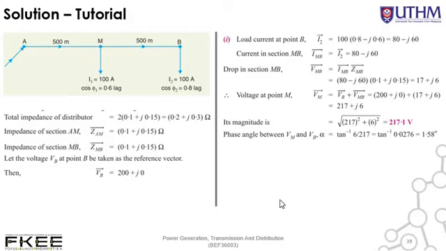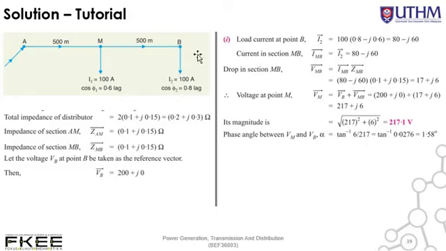The first part is to calculate the voltage at the midpoint. To do so, you simply apply KVL across this loop. So VM is equal to VMB plus VB. We know that VB is 200, so you have to calculate VMB.